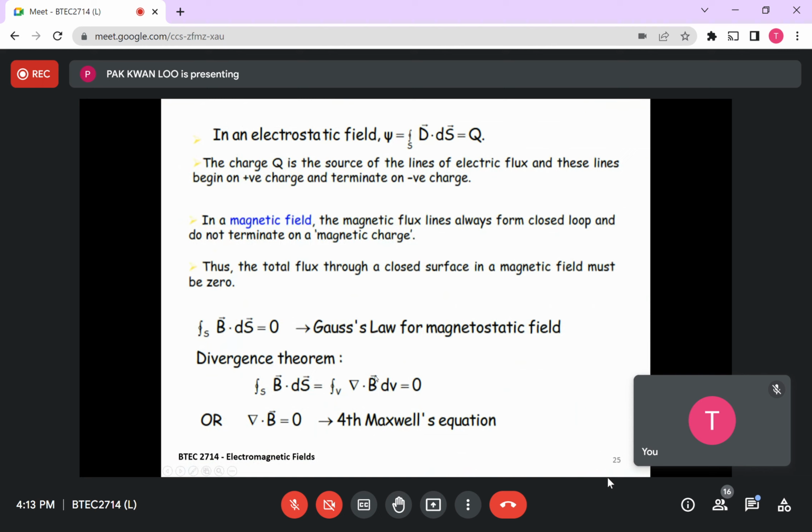However, in the magnetic field, the flux lines always form a closed loop and do not terminate on a magnetic charge. Earlier in the chapter, I mentioned that there's no magnetic monopole like electric charge. We have a positive charge and a negative charge. We call it mono because it's single.